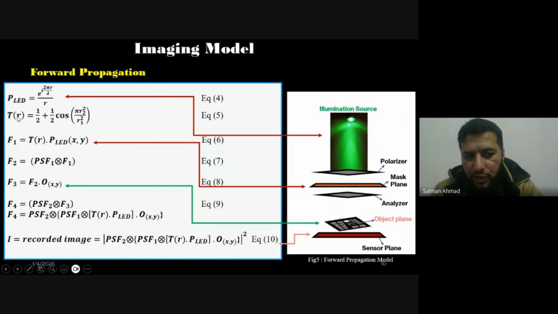Here we use the Fresnel zone plate or Fresnel zone aperture, so we use the equation of that Fresnel zone. Then the incoherent light and the transmission function multiply, and the point spread function is convolved with that.